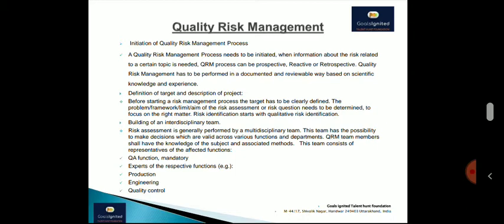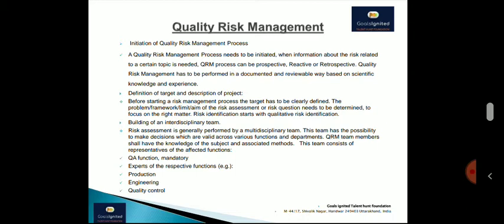So building of the interdisciplinary team is required. Persons from the different departments need to be invited for any quality risk assessment. Then finally the QA function, which is mandatory. Naturally, QA is the leader for any quality-related tool, quality risk assessment or anything.